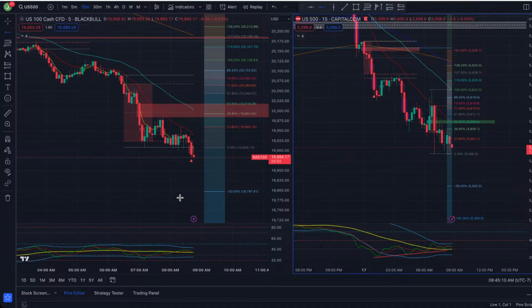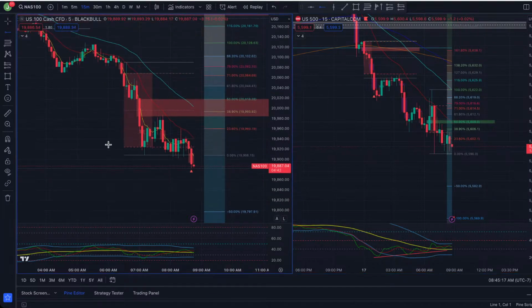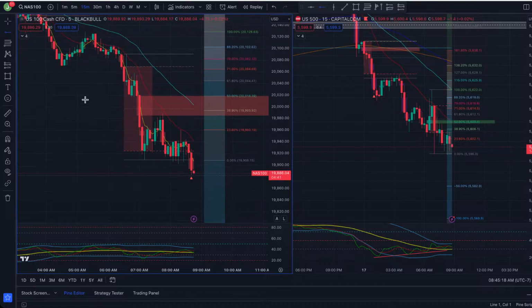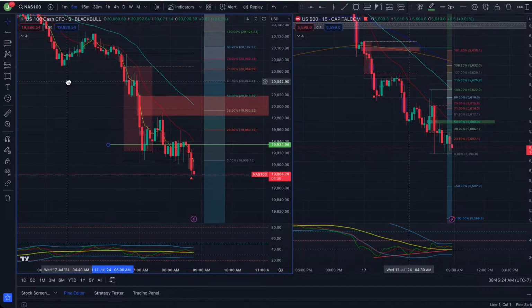Okay, we got our confirmation. Now we want to see retracement to a key level. Apologize if the charts are moving a little slow here.